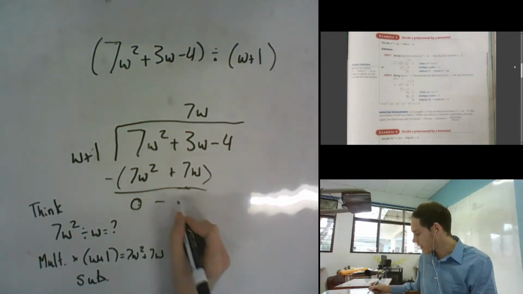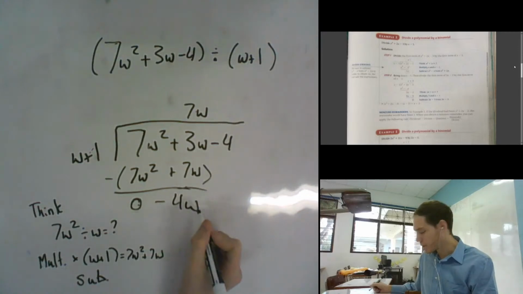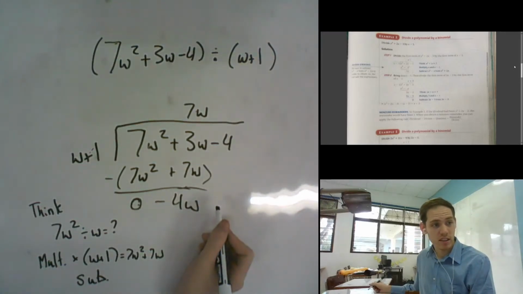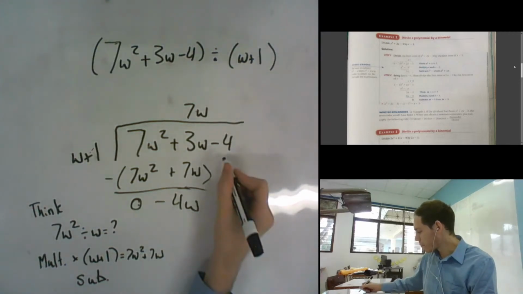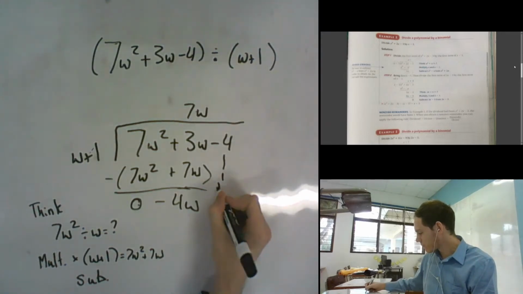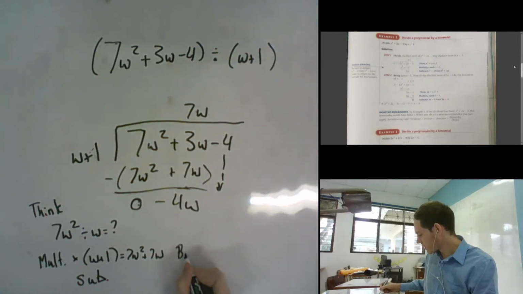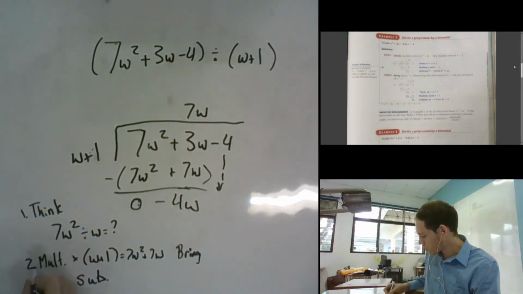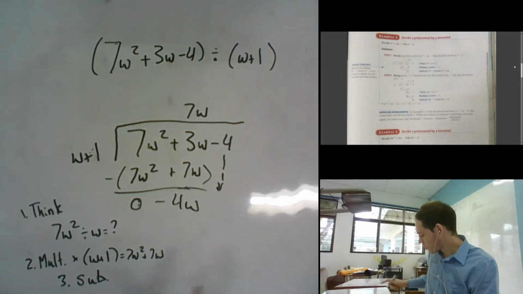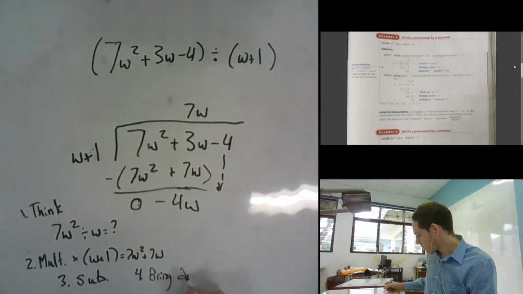Well, that's going to be minus 4w. Now the last step is we drop. We're going to bring down the next term. So step 1, step 2, step 3, and we'll put step 4 here. Step 4. Bring down the next term.